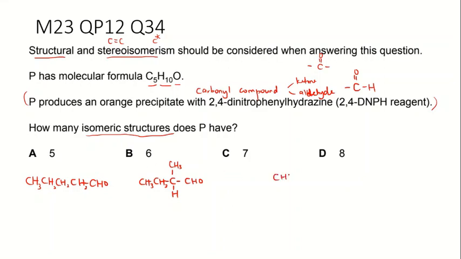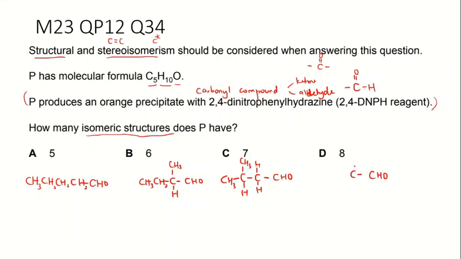So I believe there are more isomers for aldehyde. Now let's say I put this one as CH2, and I put a branch on the second carbon next to the CHO. So I have 1, 2, 3, okay, 1 more. So these are 3 different structural isomers. Right, let's write more.